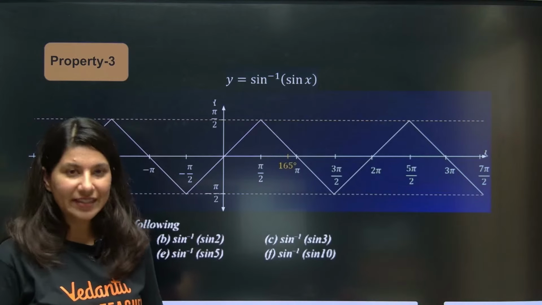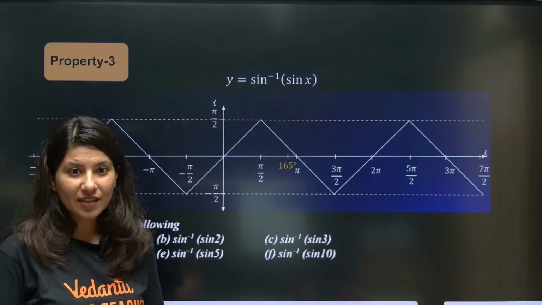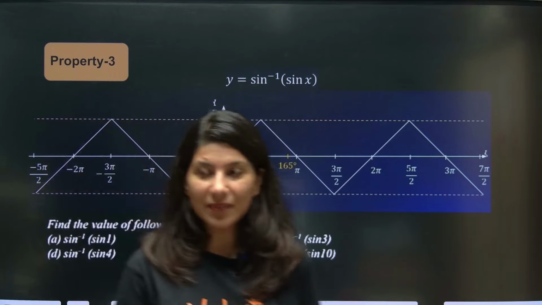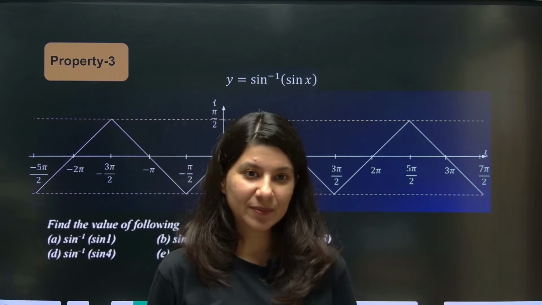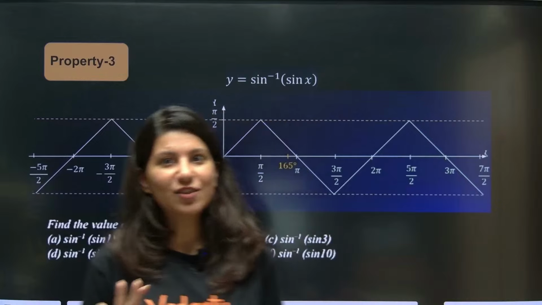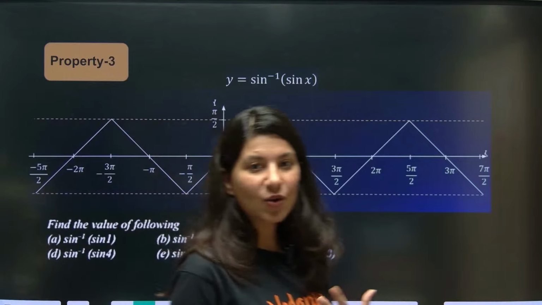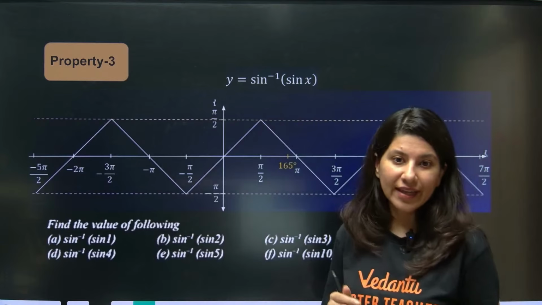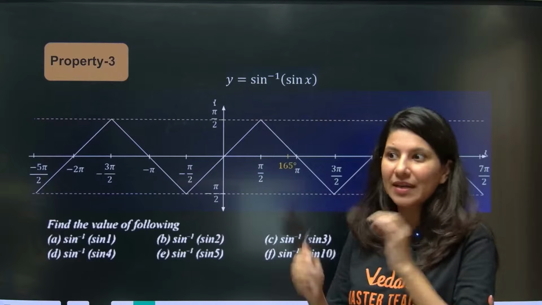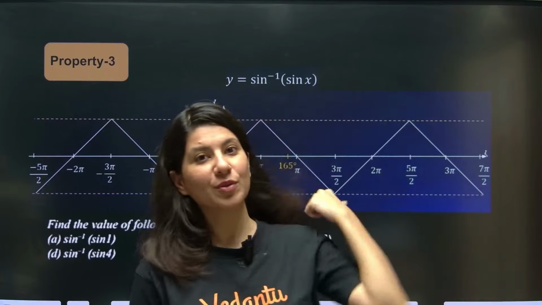Ready? I need your focus. This is going to take some time, some energy, some effort. But I'll make things easy for you. I'll make sure the graphs are something you'll be able to remember. In the end, I'll give you a trick also, on how to remember the graph.